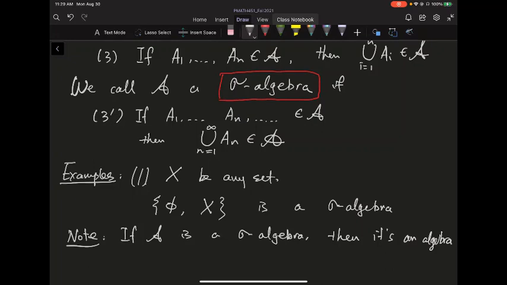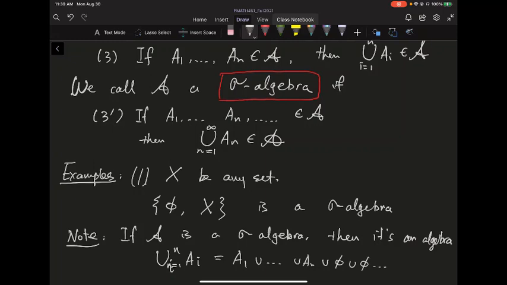So if you want a finite union instead of a countable union, what you can do is take the union, where i goes from 1 to n, of Ai, which is A1 union up to An, and then make it a countable union by adding a bunch of empty sets at the end.